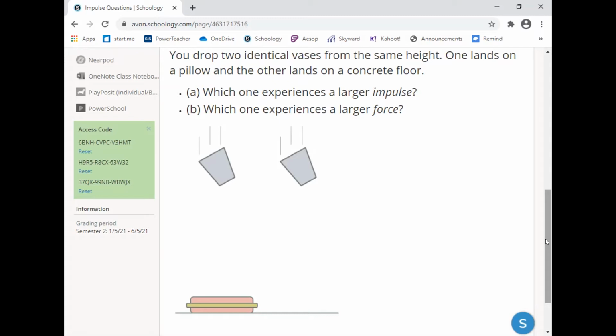So they're going to have the same change in momentum, which means they have the same impulse. But both Leo and Martin are onto something here. Why is it better to be on the pillow? Not because the pillow has a greater impulse, but because the pillow has what?